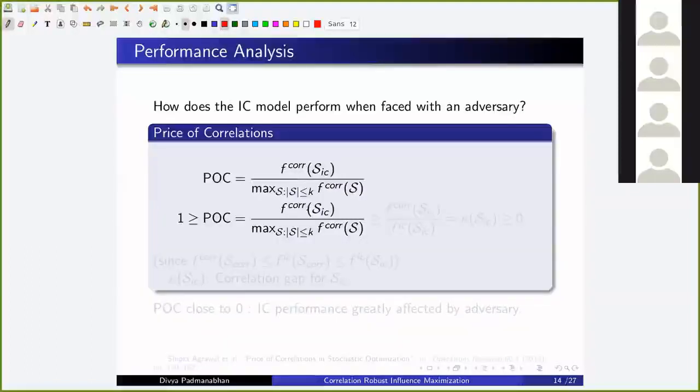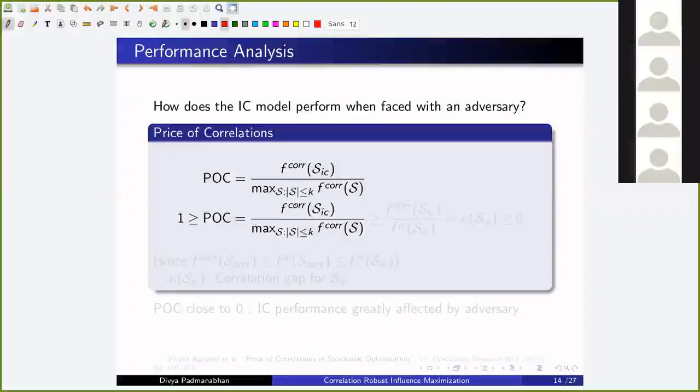To analyze this more formally, we had a metric, the price of correlations. Since we have a robust model, we wanted to see how the independent cascade model performs when you have an adversary, because the robust model is actually trying to do something in the face of an adversary.